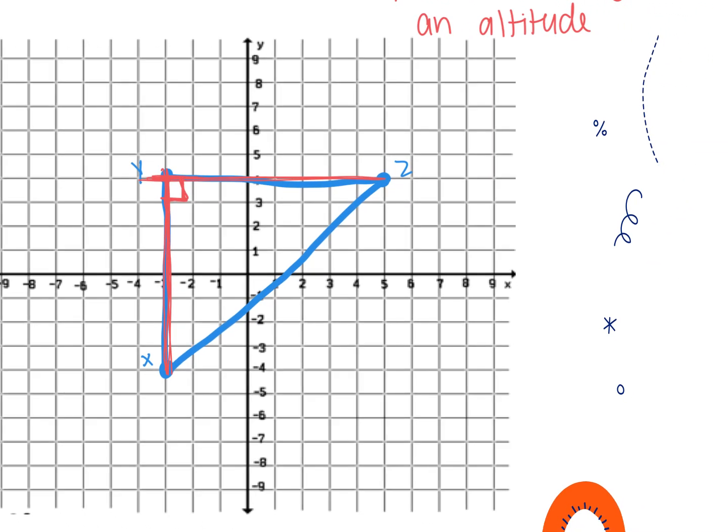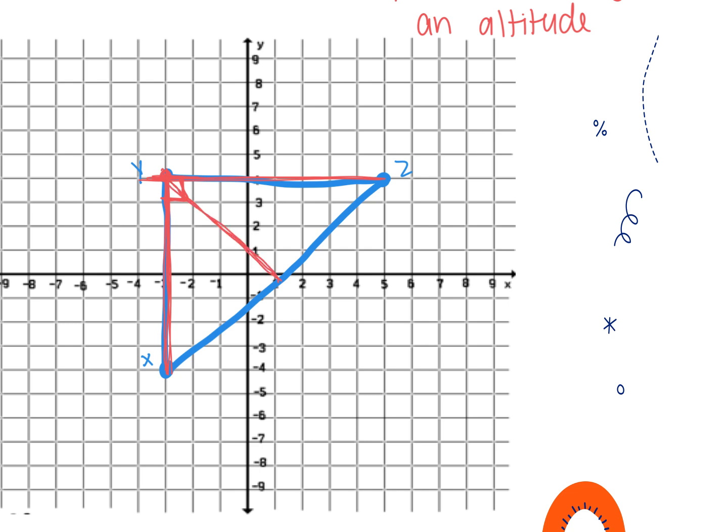Next thing is I have to find my altitude for my third side. Remember, an altitude goes from the vertex perpendicular to the other side. So I'm starting from this vertex right here, and it has to make a 90-degree angle. The slope of my blue line is positive 1 over 1, so the slope of my next line is going to be negative.